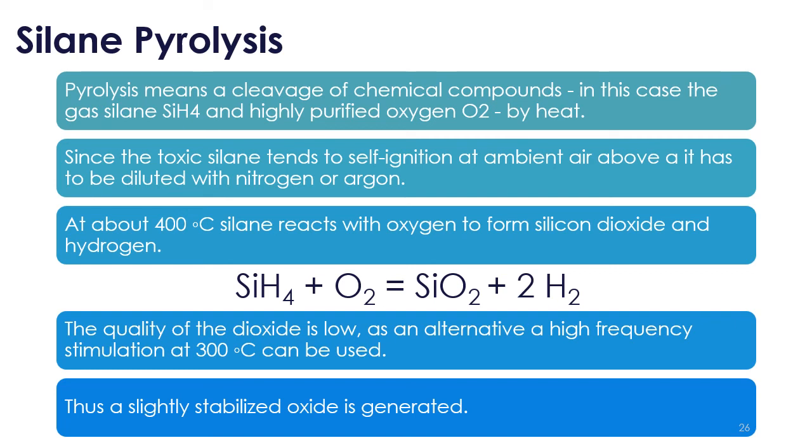At about 400 degrees Celsius, silane reacts with the oxygen to form silicon dioxide, and hydrogen is released: SiH4 + 2O2 becomes SiO2 + 2H2. The quality of the dioxide is quite low. As an alternative, a high frequency stimulation at 300 degrees Celsius can be used, which can stabilize the oxide generated on the surface.